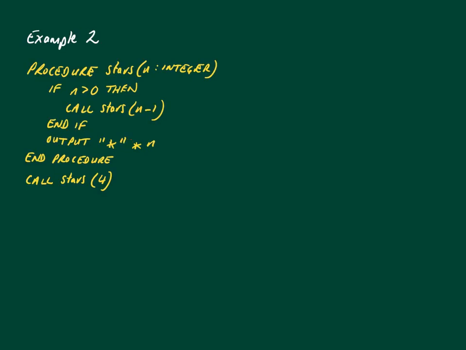So let's do the trace table for this. What I'm going to do this time is add one extra column that just shows the procedure call, so that you can see which copy of stars I'm currently working in.